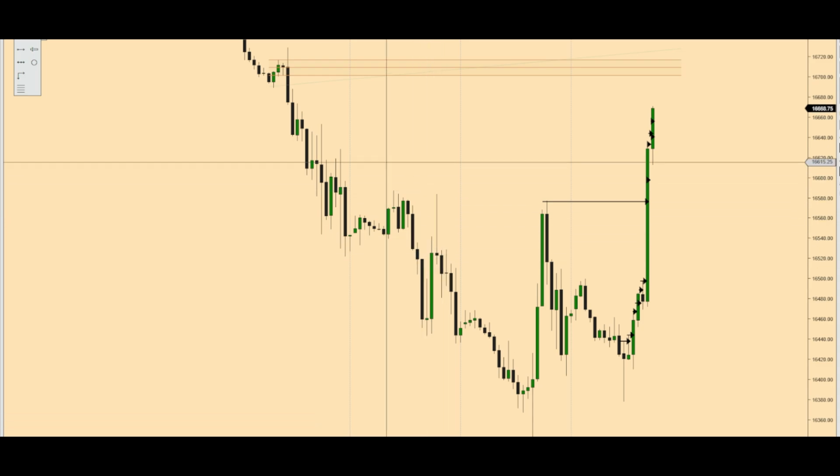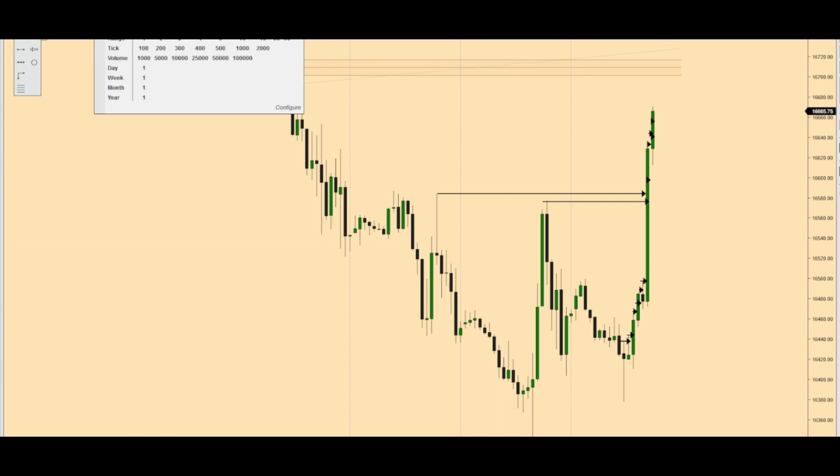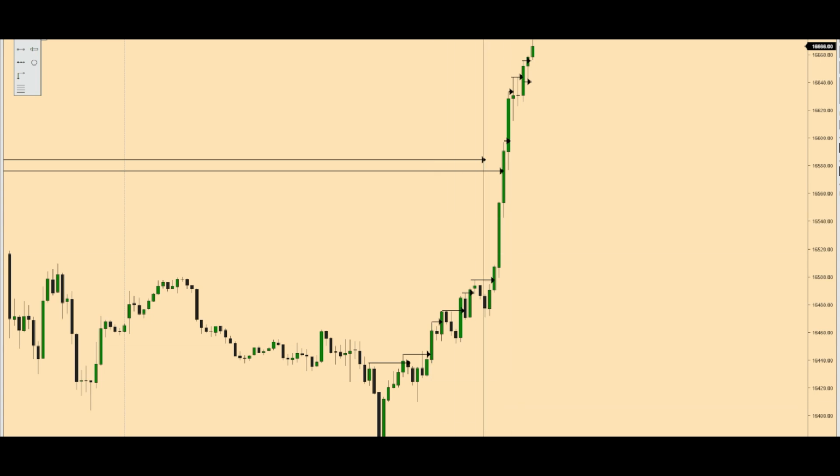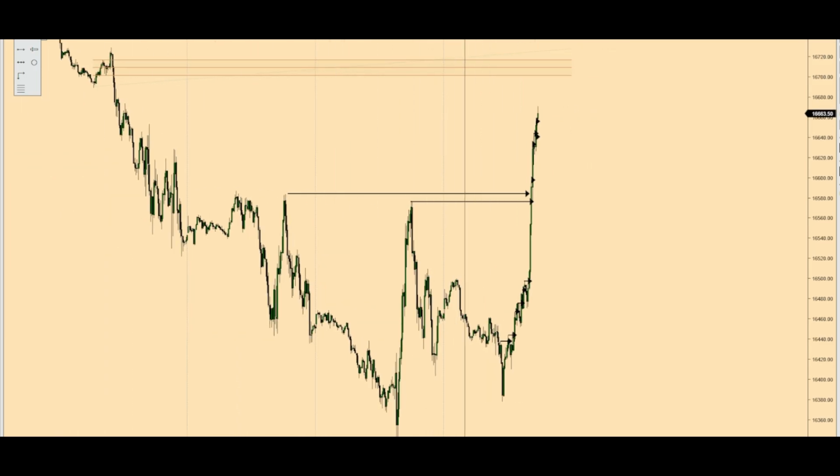This is a pullback, so it would be this high. So on the hourly time frame, we're bullish as well. Anticipating reacting somewhere up here and then ranging or working our way down into this area.